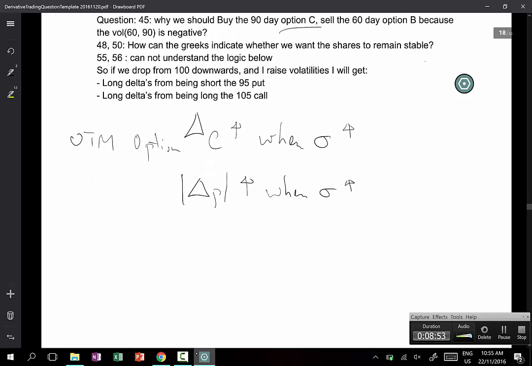I like putting some numbers to it sometimes. So let's say the spot price is 100 at the beginning, and you are long a call, strike 105. Your delta would be roughly, let's just say, 46.